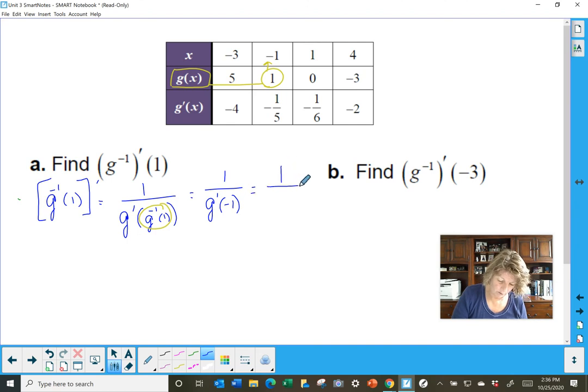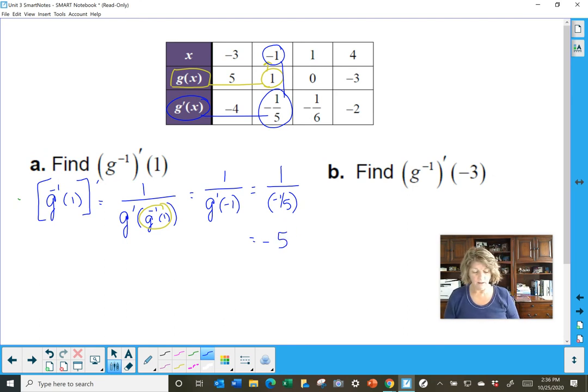And G prime of -1 gets me a -1/5, which ends up being the reciprocal, or 1 divided by 1/5 is like 1 times 5 over 1, so I get -5.